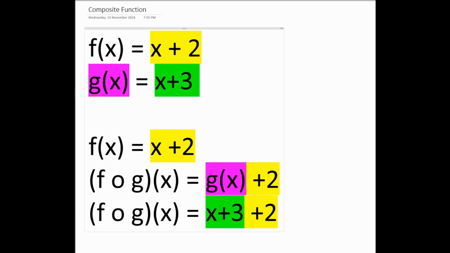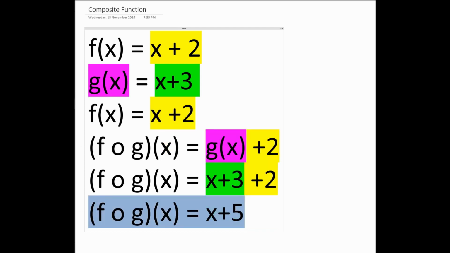Next, since we know that the g of x is x plus 3, we substitute the x plus 3 to the g of x. Thus, we now have f of g of x is equal to x plus 3 plus 2. And then we just simplify the equation. So f of g of x is equal to x plus 5.